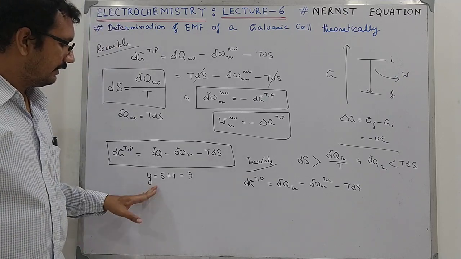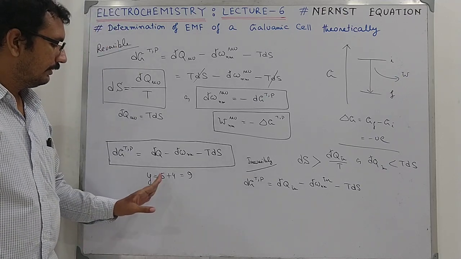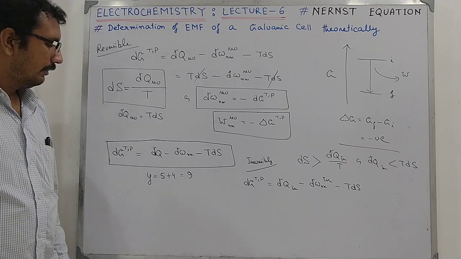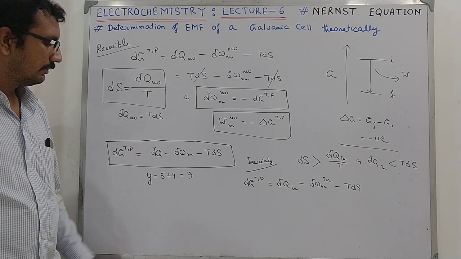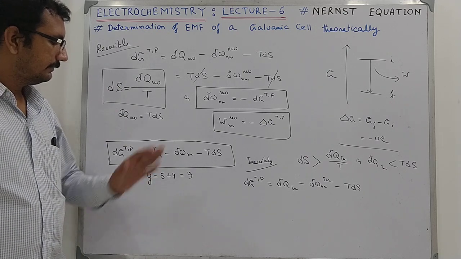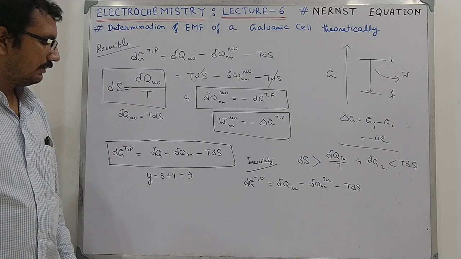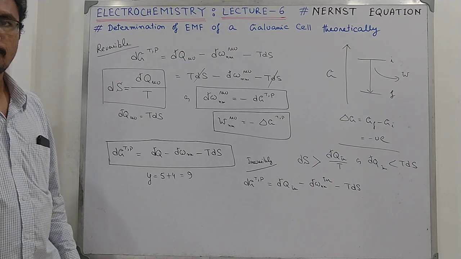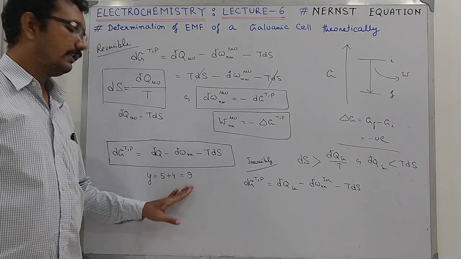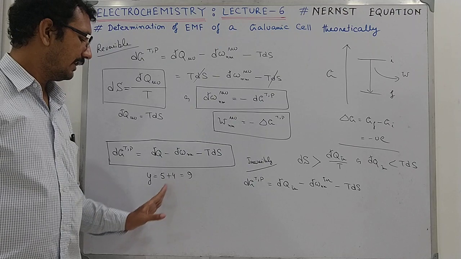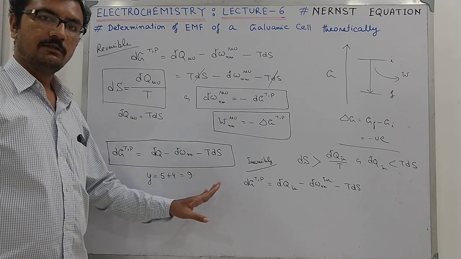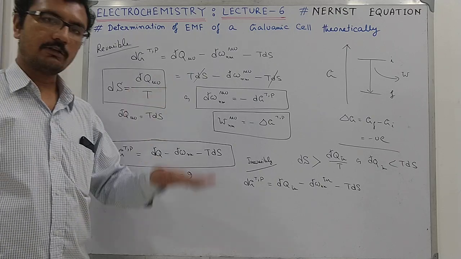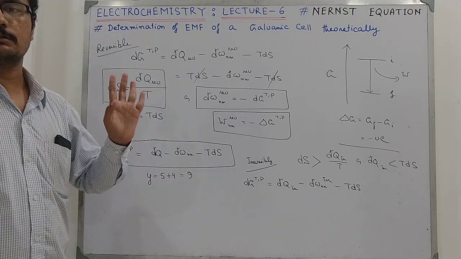Someone has given you this relation, that is y equals 5 plus 4 equals 9. Now you have an order to change this 5 to 6, but you know that this is the truth, y equals 5 plus 4 equals 9, and someone, without knowing anything about the system, is just ordering you to change this 5 to 6.